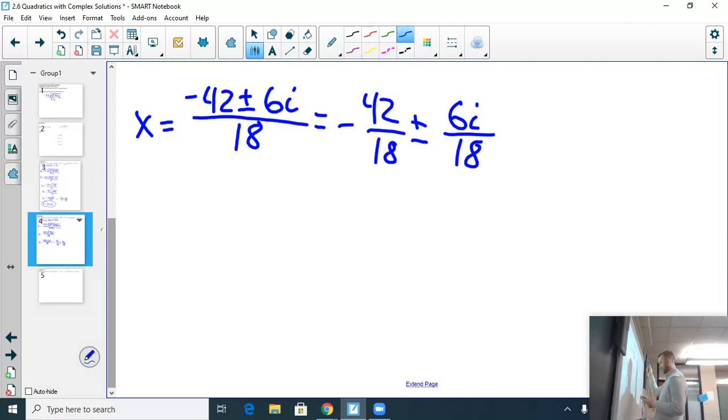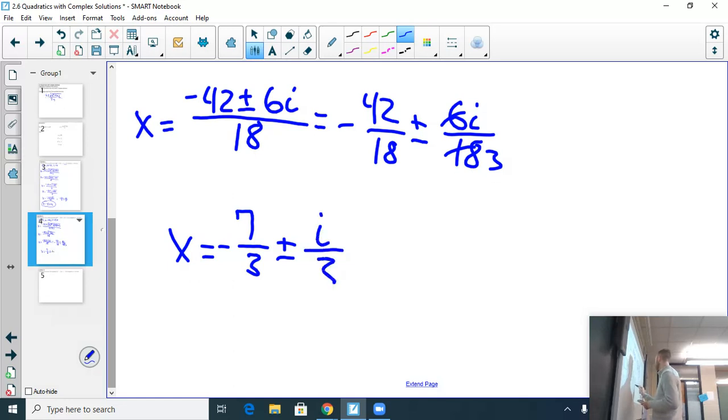42 and 18 can both be divided by 6. So that'll be negative 7 all over 3, and then plus or minus 6 and 18 with a 3 on the bottom, i over 3.